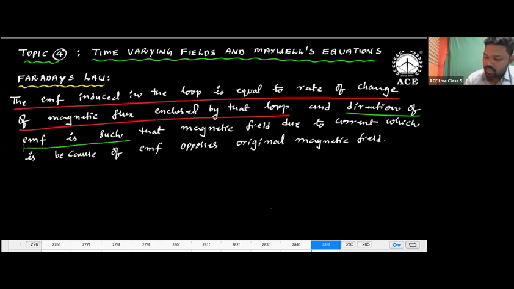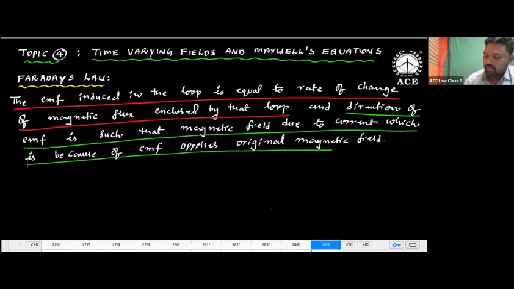Direction of EMF is such that the magnetic field due to the current which is because of EMF opposes the original magnetic field. The first part talks about the magnitude of the EMF induced. The second part talks about the direction, beta, right?